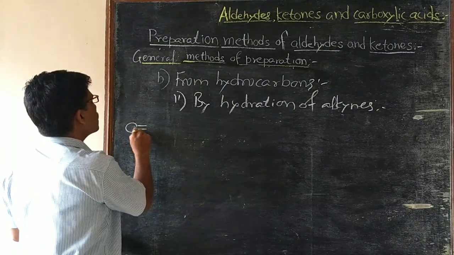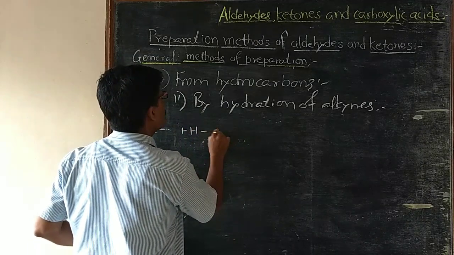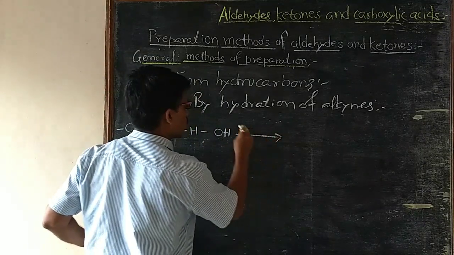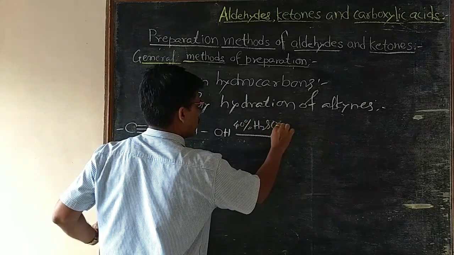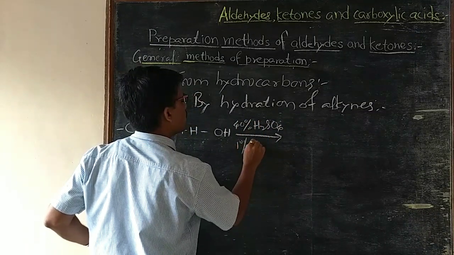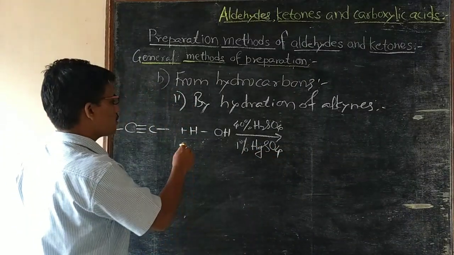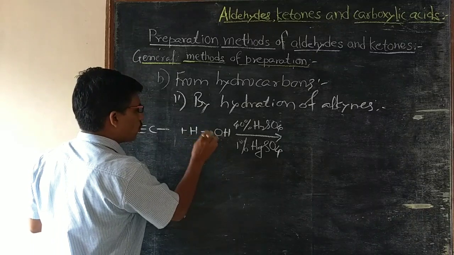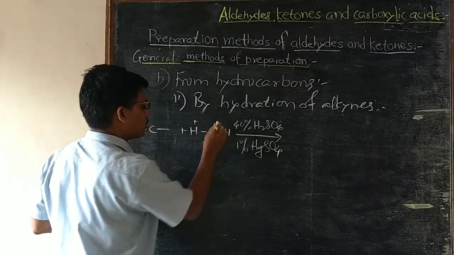Alkynes react with water molecule in the presence of 40% sulfuric acid and 1% mercuric sulfate. In the water molecule, hydrogen has positive charge and hydroxyl group has negative charge.